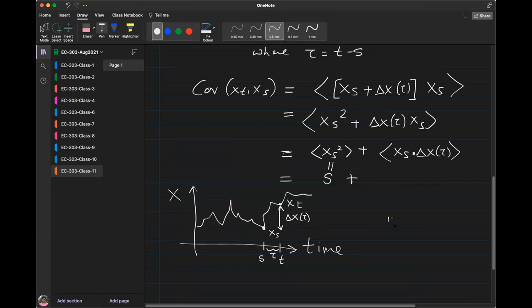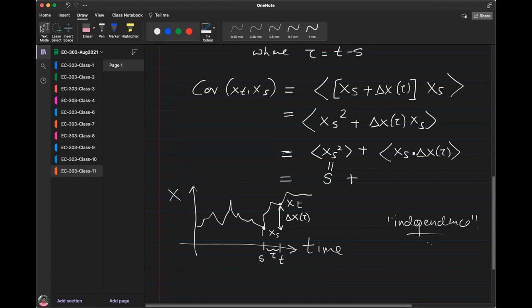Think of the word independence, in the context of probabilities. So this delta x tau, does it depend on the value of xs? No, right? Because absolutely, for every time step after xs, the animal is still doing the same random walk.